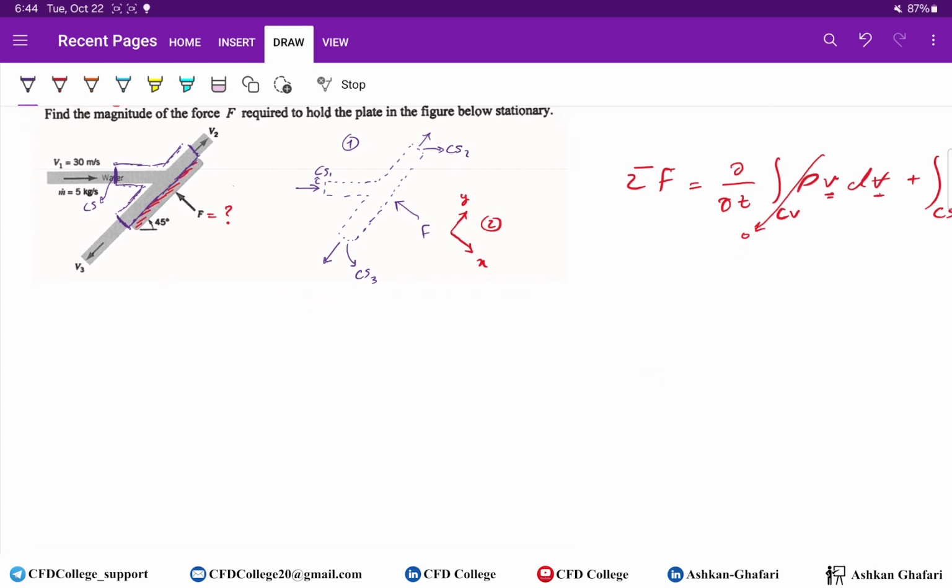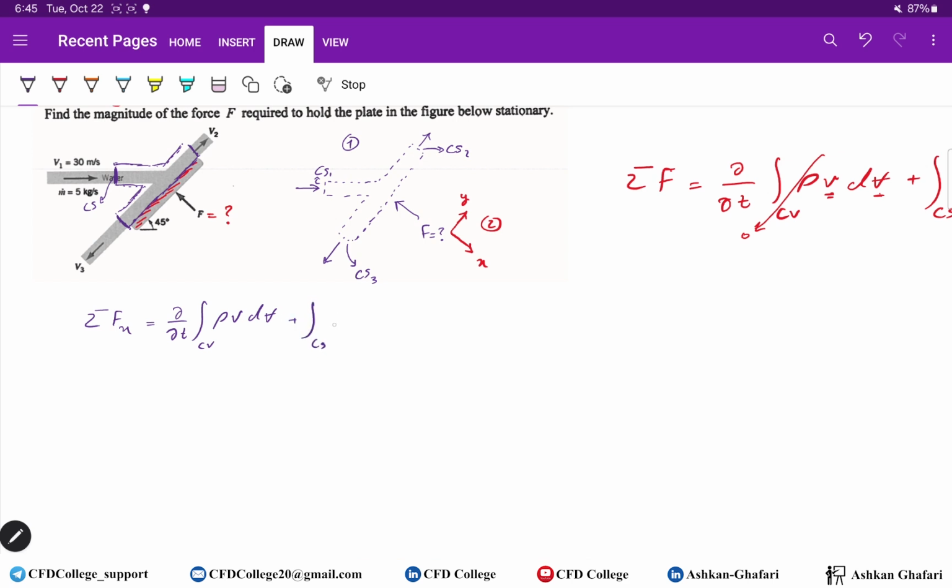Here we have to find the force, so we need to solve the linear momentum equation in X direction. So let's rewrite the expression. Summation of forces in X direction is equal to change of the momentum inside the control volume plus the exchange of the momentum through control surfaces.